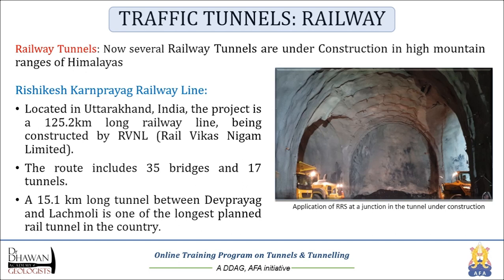This route includes construction of 35 bridges and 17 tunnels. A 15 km long tunnel between Devprayag and Lachmoli is one of the longest planned rail tunnel in the country in this project.